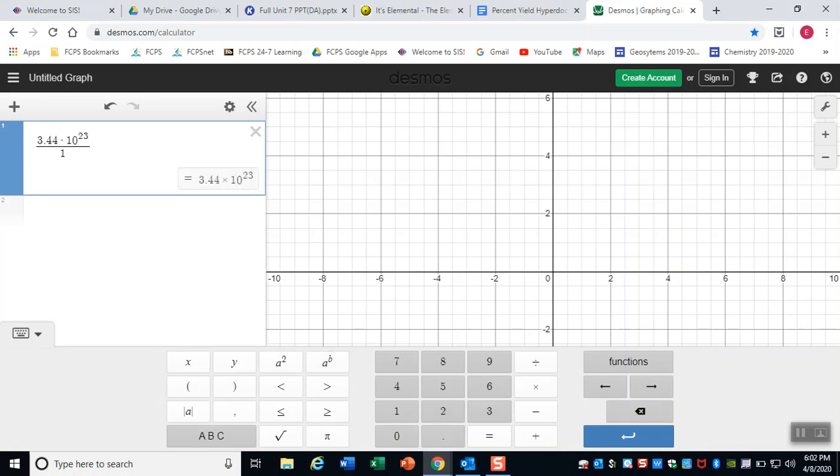Times, I guess I'll use parentheses, times 1 mole per 6.02 times 10 to the 23.